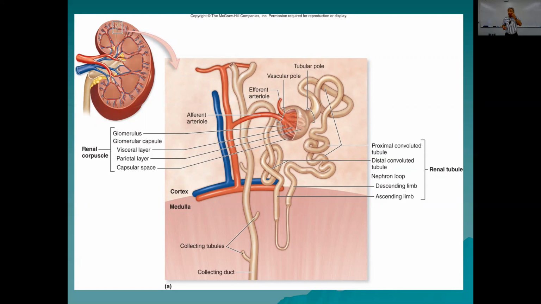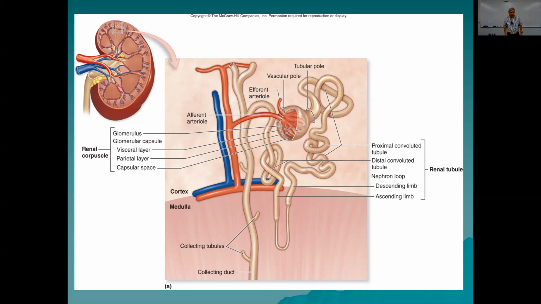And this helps form something called the juxtaglomerular apparatus, which we'll get to later on, which is really a sensory structure that helps regulate the rate at which the filtration of blood occurs in the nephron, called glomerular filtration rate. Finally, the distal convoluted tubule empties into something called the collecting duct. And this travels down through the medulla.